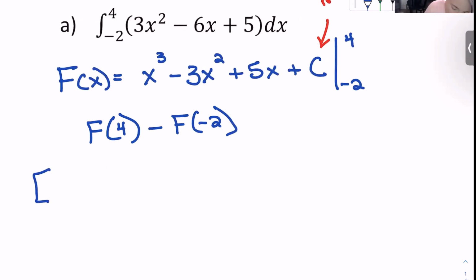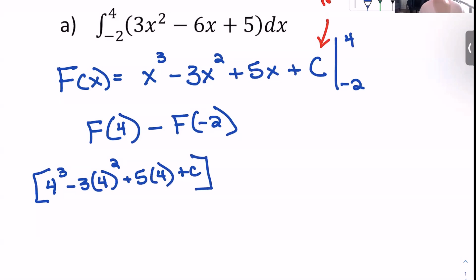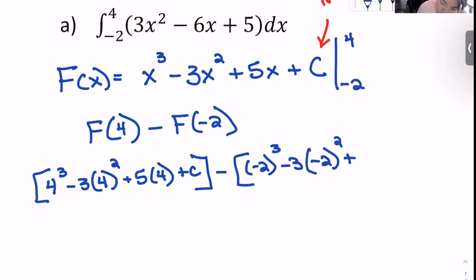Well, for f of 4, you would have 4 cubed minus 3 times 4 squared plus 5 times 4. We'll go ahead and put that plus c just so you can see for yourself what happens to it. Minus, and now we're going to plug in that -2 everywhere. So we have the -2 cubed minus 3 times the -2 squared plus 5 times the -2 plus c.